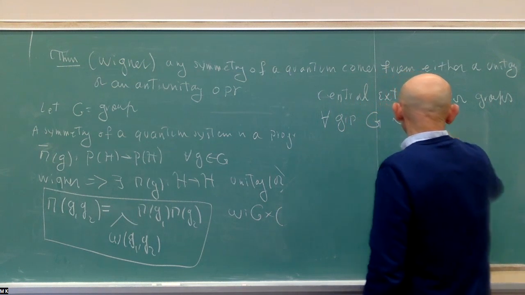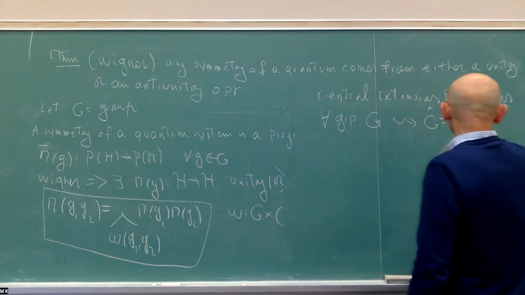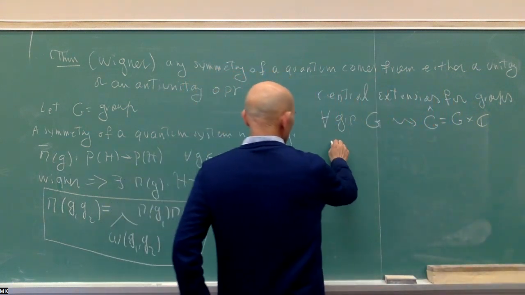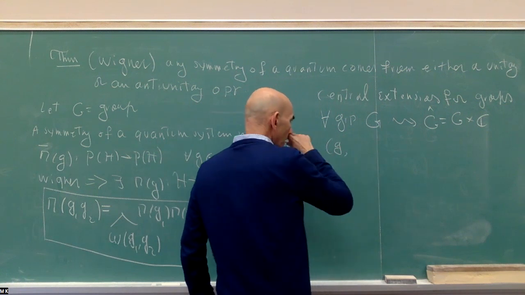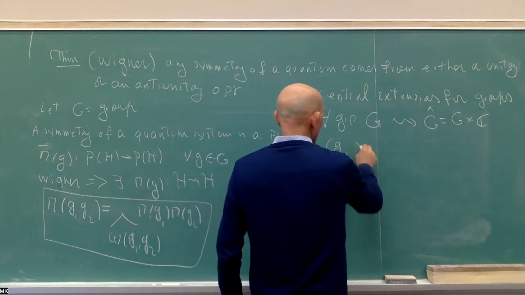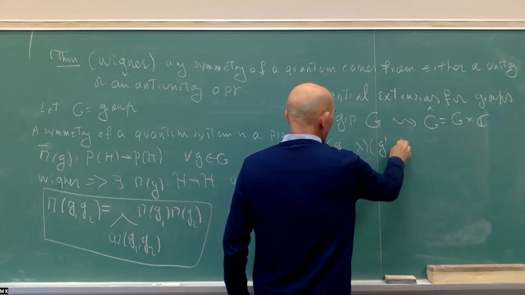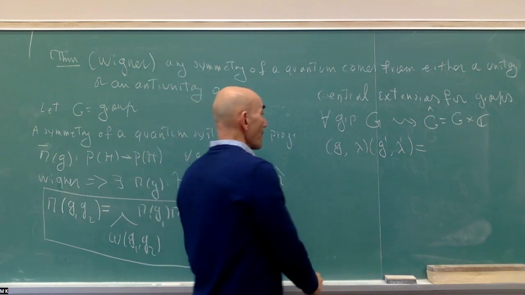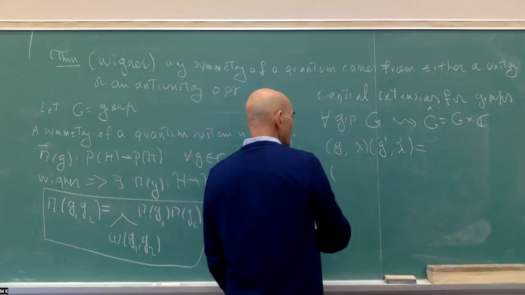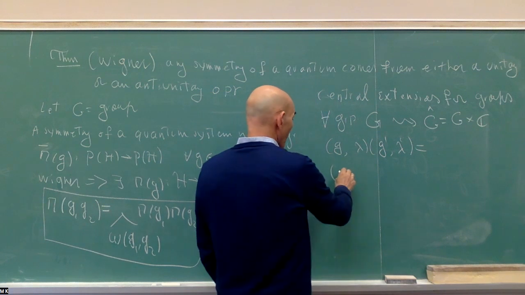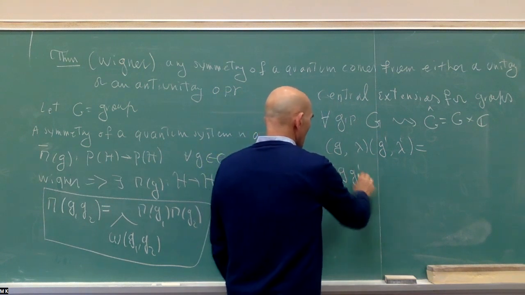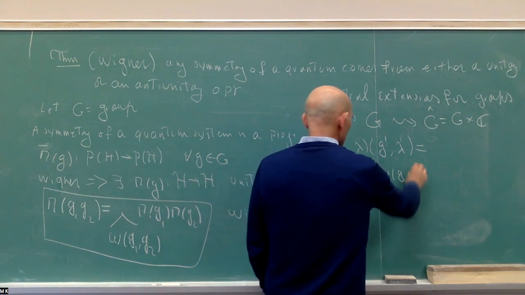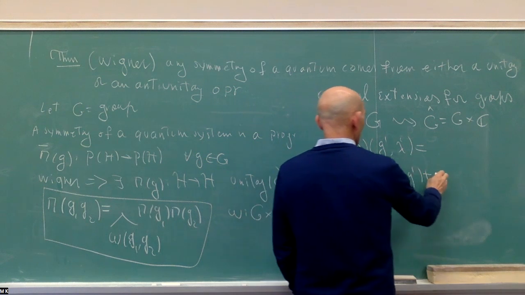Let's call it G hat, which is G cross C. We can define a new product, (g, lambda) and (g prime, lambda prime), to be of the following form: the first component is g g prime, and the second component is omega of g, g prime plus lambda plus lambda prime.